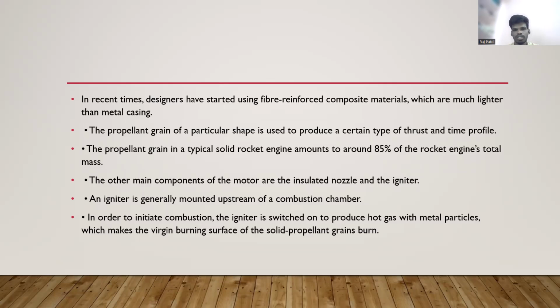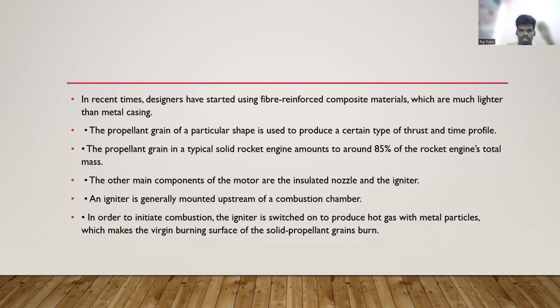Their main function is to ignite the propellant in the combustion chamber, whereas the nozzle function is to accelerate the flow, and the igniter is generally mounted upstream of the combustion chamber.